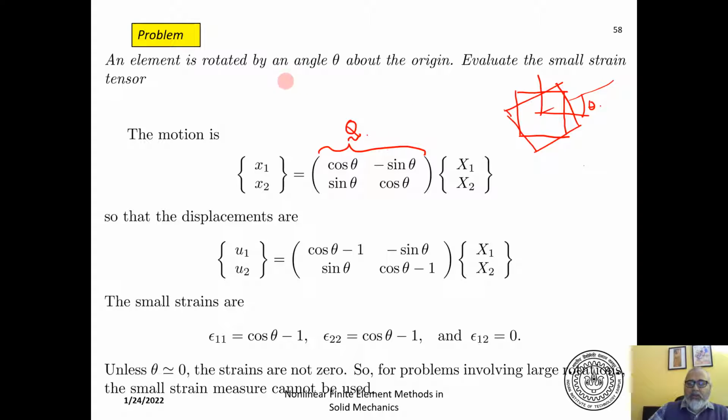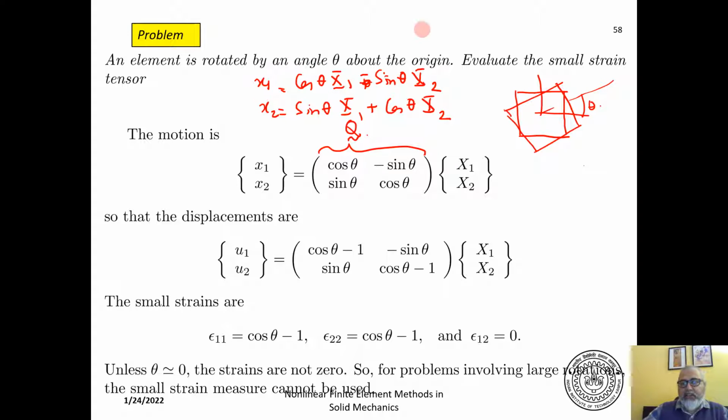Let's call it Q. Now, you write this down, and then the displacements are easily calculated as small x minus capital X, and the displacements u1 and u2 would be this minus capital X1 and this minus capital X2. That's what we have written here.